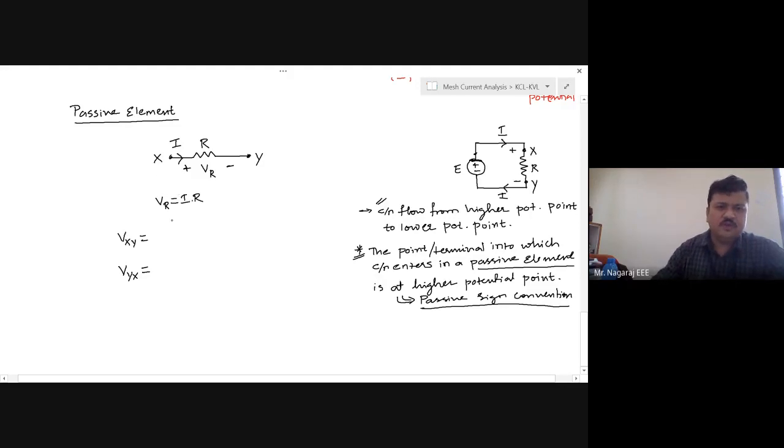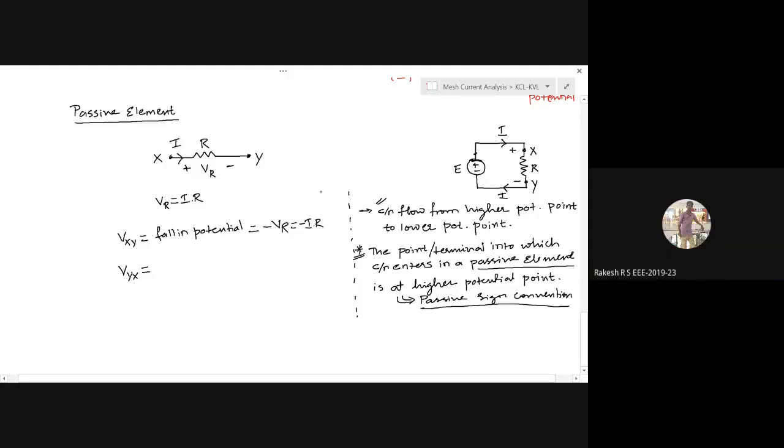Therefore, Vxy is a fall in potential and equals minus VR, or minus I into R. Is it clear? Yes, sir.